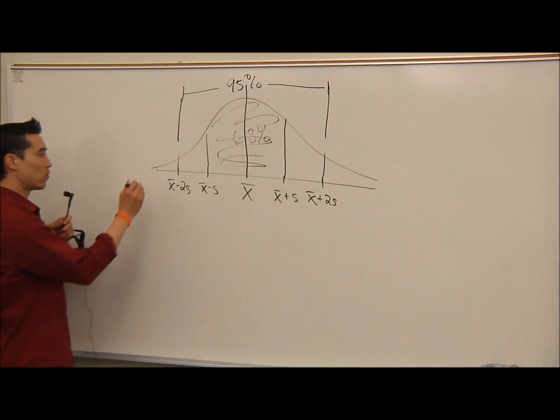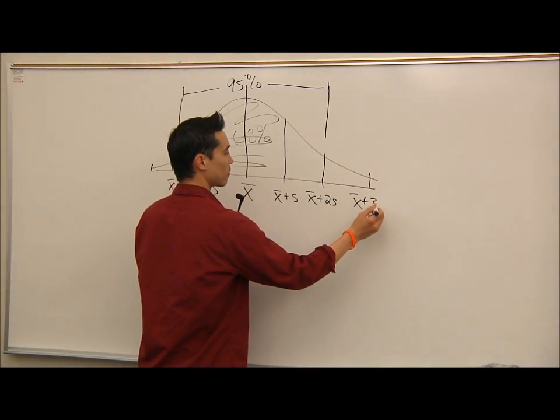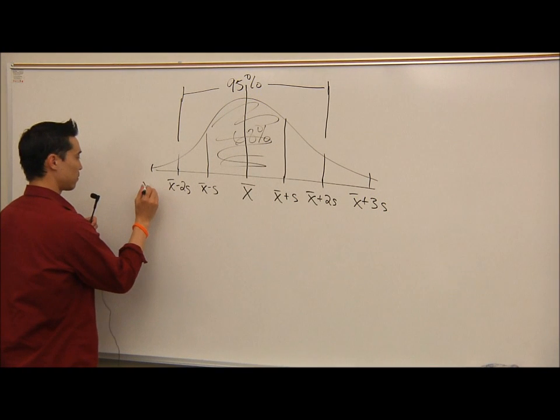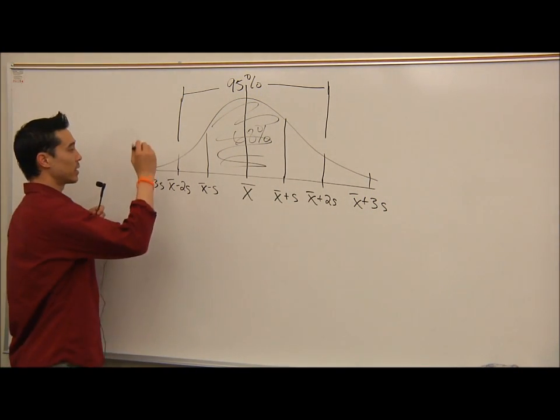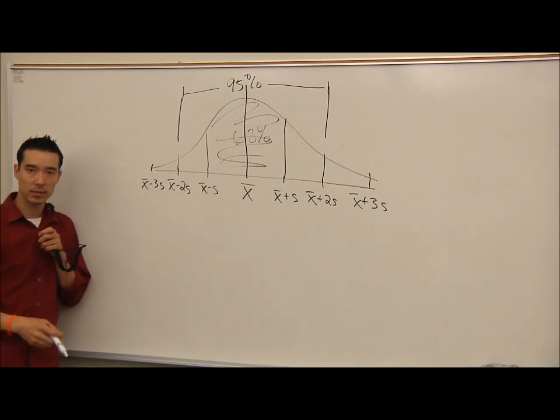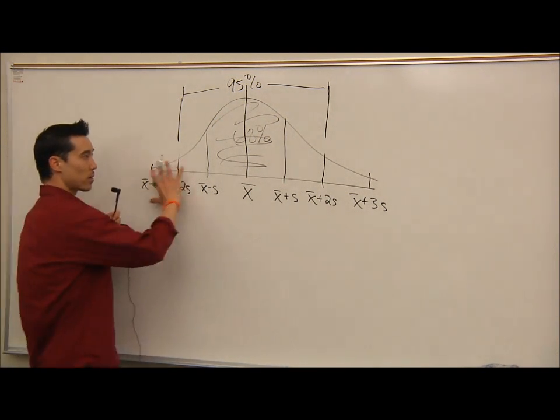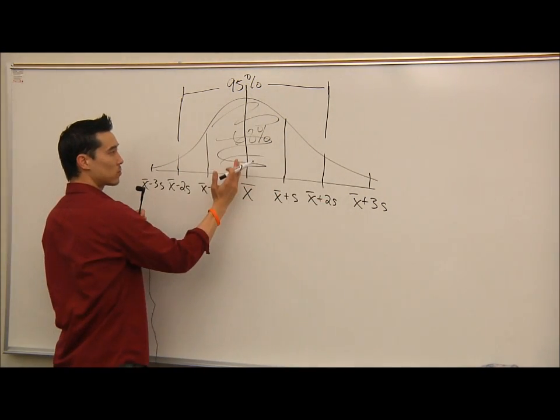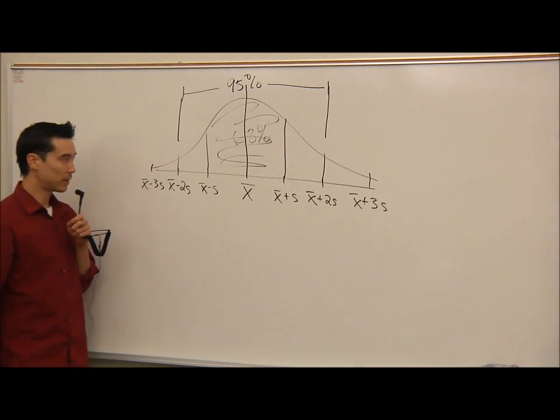And then again, if you go out one more standard deviation, we're getting toward the end here. Then that's nearly all, or approximately 99.7%. Okay? So that's your visual interpretation of what's going on here. With a bell-shaped or normal curve, the mean's right in the middle, and you're branching out each side.